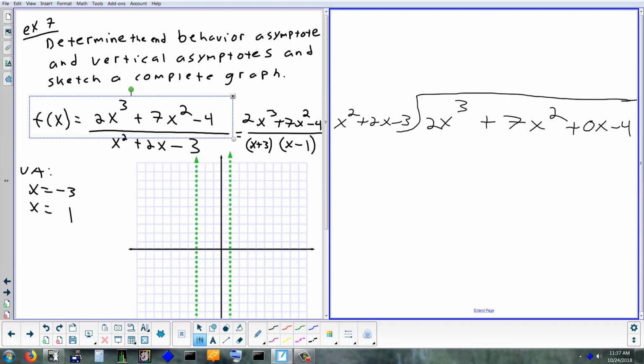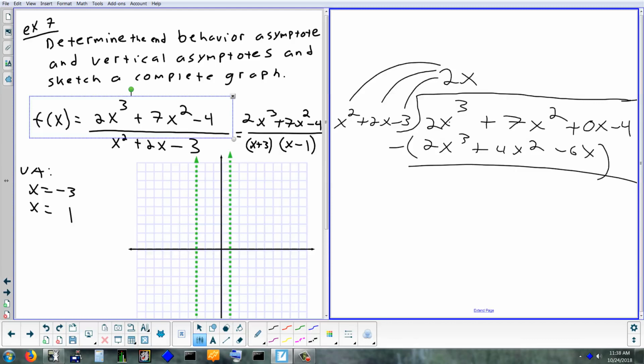Okay, so let's divide it out. 2x cubed divided by x squared. How about, Ashley, what does that give me? 2x. Let's see, yep. So 2x, multiply it back out. 2x cubed plus 4x squared minus 6x.